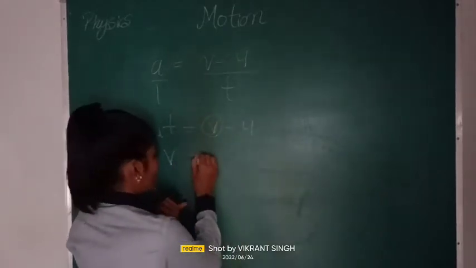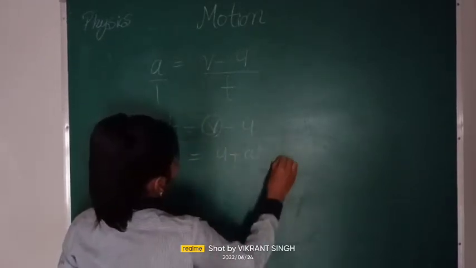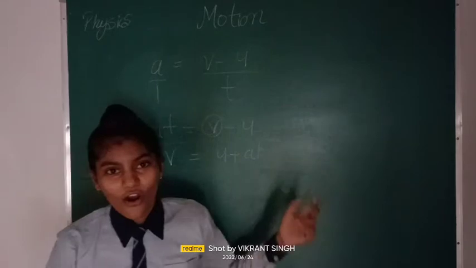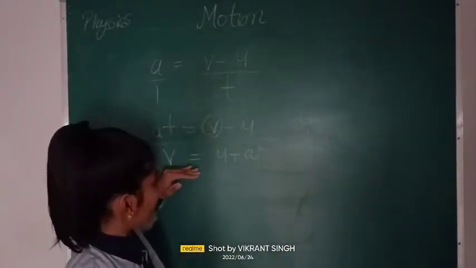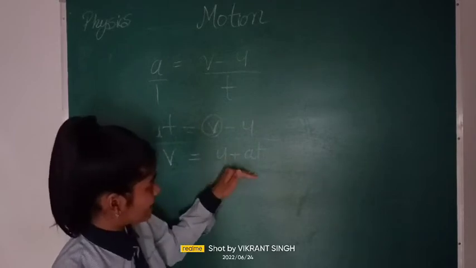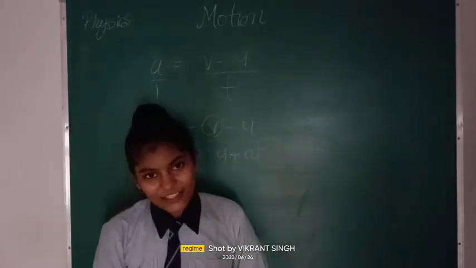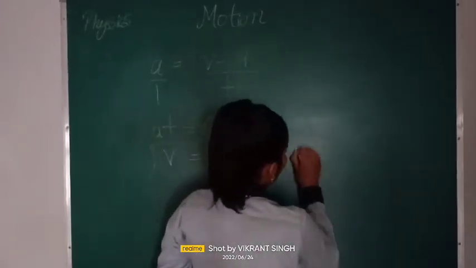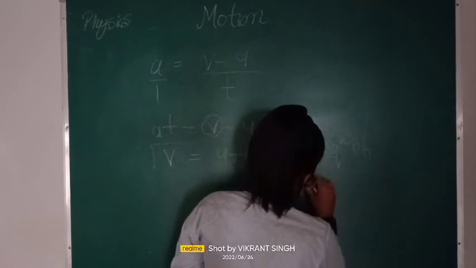Yes, v equals u plus at. That is our first equation of motion, which tells that the final velocity will be equal to initial velocity plus acceleration into time, which is v equals u plus at.